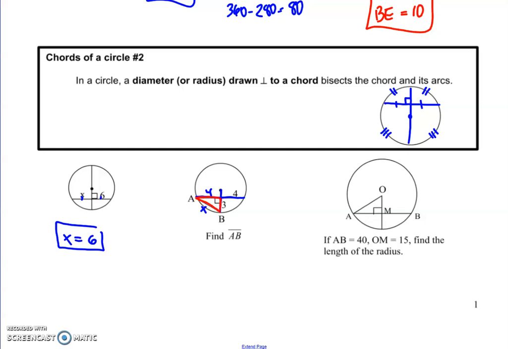So we're going to use the Pythagorean theorem. That crops up from time to time in this unit. 3 squared plus 4 squared equals 5 squared. Oops, I gave it away. I already know what the answer is. Equals x squared. If I add those two up, I get 25 equals x squared. Take the square root. x is 5.